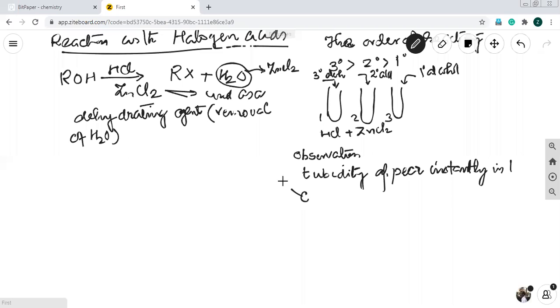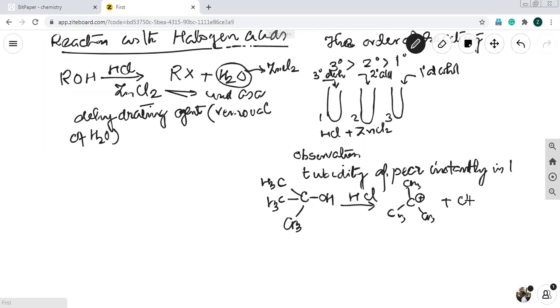See, this is your tertiary alcohol. Tertiary butanol we have taken. This is reacting with HCl. What you will get is CH3, CH3, CH3, C plus and Cl minus. This reacts very easily with Cl minus, and you will get the alkyl chloride.